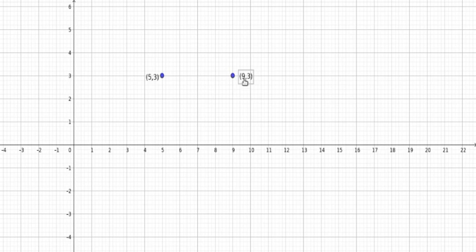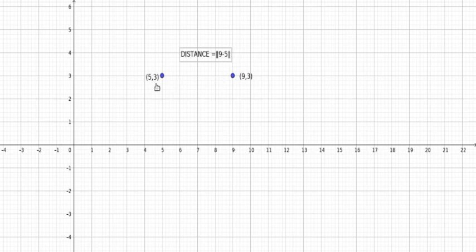Here the x coordinates are 9 and 5, and their modulus value is 9 minus 5, which is 4. Modulus of 4 is 4 itself. So the distance between these 2 points is 4. That is, the distance between the points is equal to modulus of 9 minus 5.